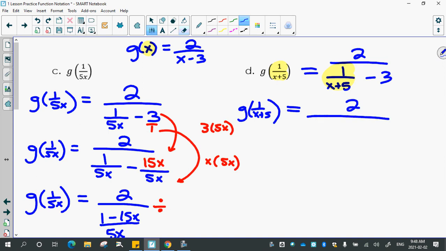So I look at my 2 denominators and decide on a common denominator. One of my denominators is x plus 5 and the other one is 1. If you're never sure of a common denominator, you can multiply them together. So 1 times x plus 5 is just x plus 5. I'm going to make each of these out of x plus 5.